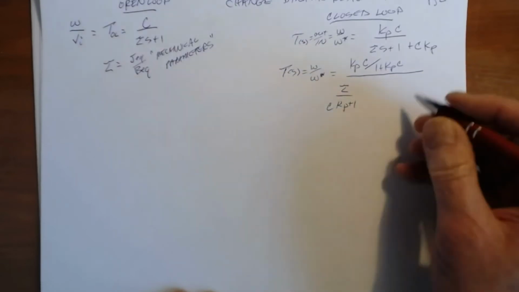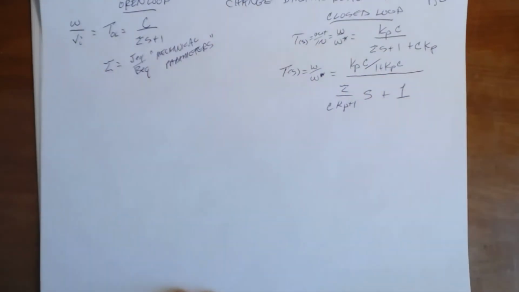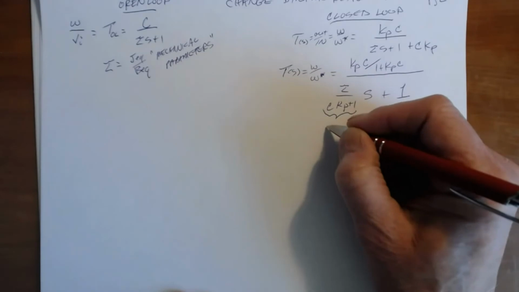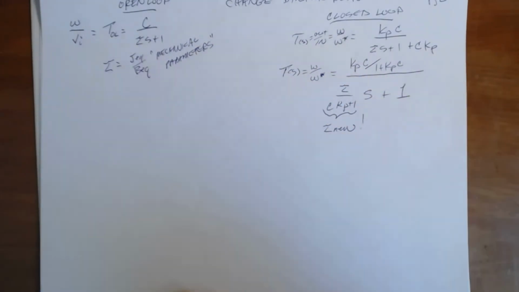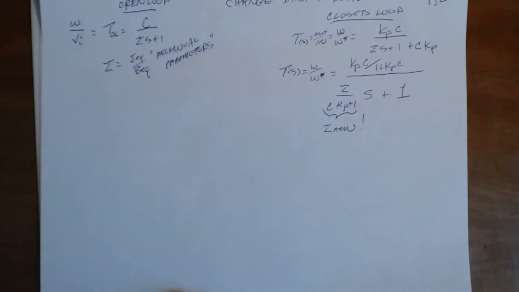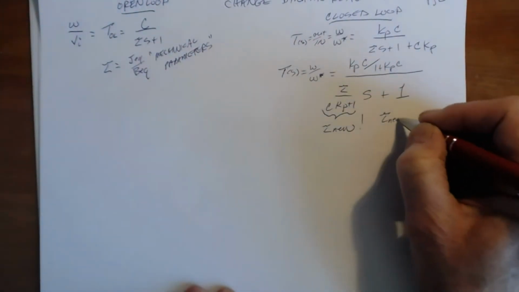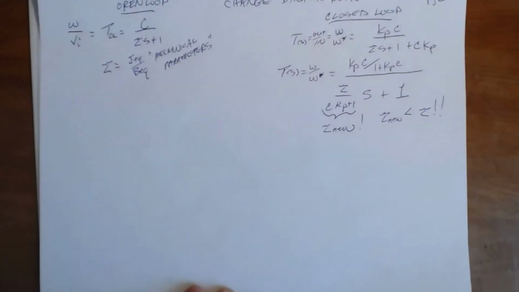Sorry, I put that in the wrong order. Now what I can see is this is tau nu. And look what happens here. Tau nu is always less than tau. So the time constant is always less.